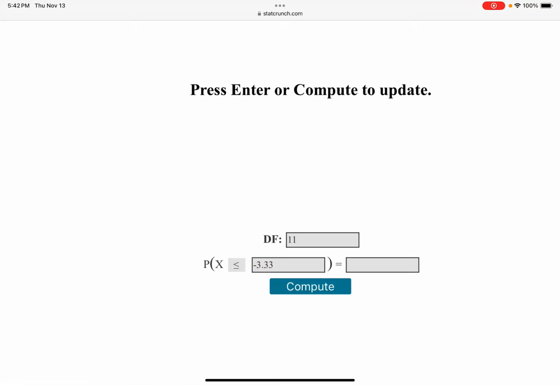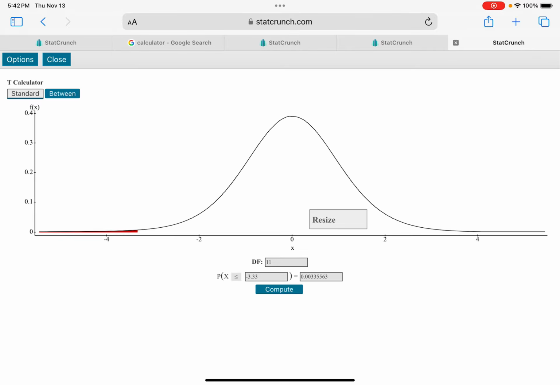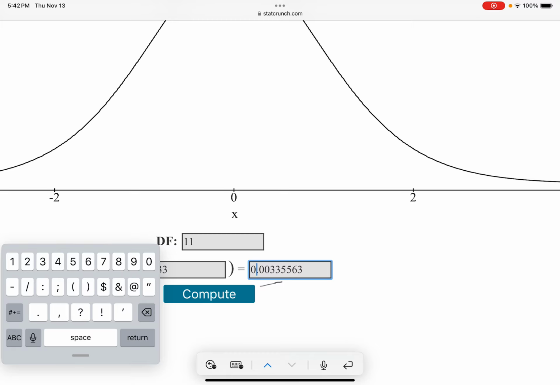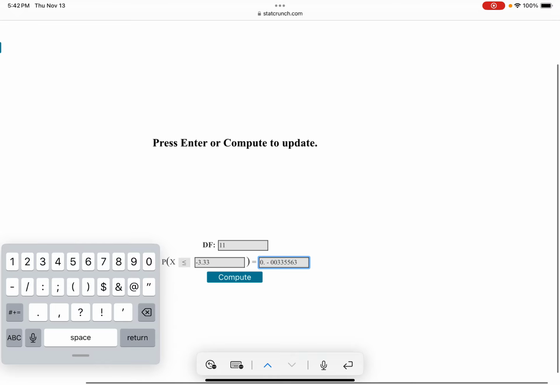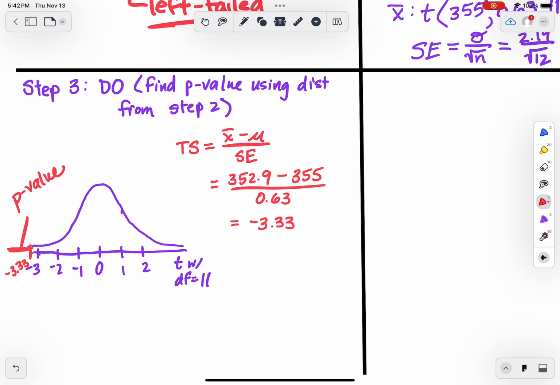And then when I click compute, this drawing should look an awful lot like my drawing, and it does. Notice how far out in the tail we are, and that probability of 0.0034. That makes sense to be a really, really small p-value.